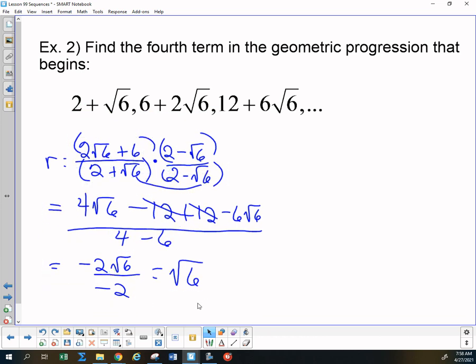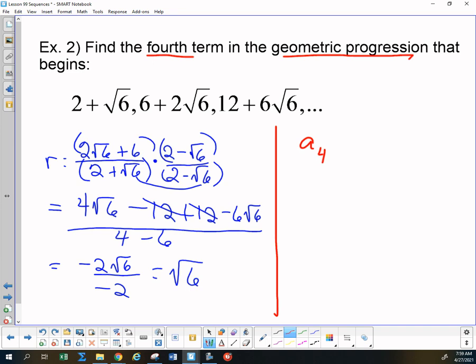And so we said r is the square root of 6. So we've already managed to come up with that. Now we want the 4th term, and it's geometric. So help me out here. What's my formula for the 4th term if it is geometric?